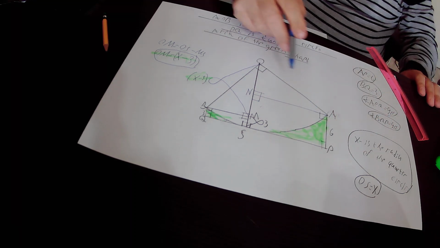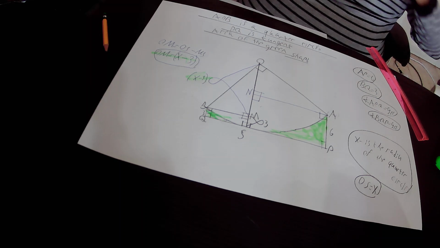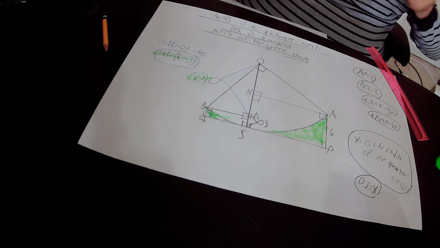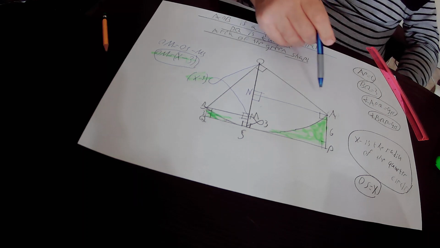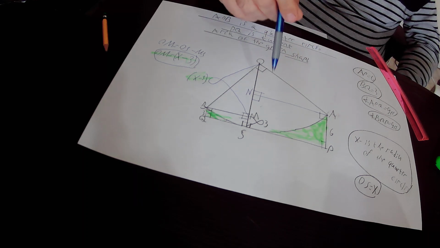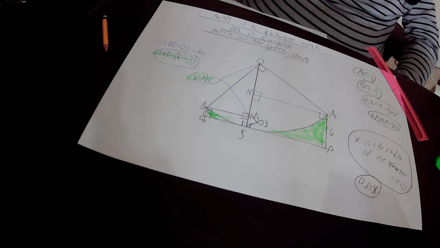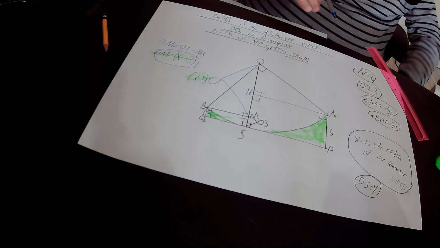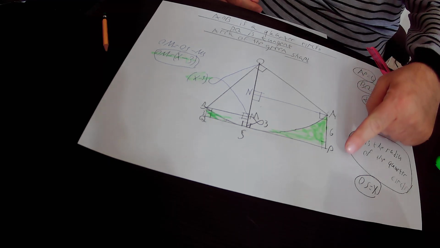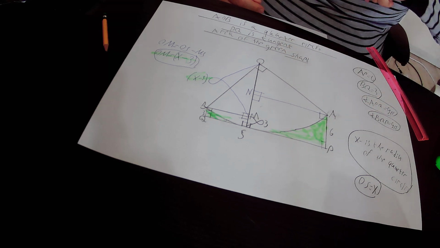So inside quadrilateral ANSP, we have four right angles. Any quadrilateral that has four right angles must be at least a rectangle, if not a square. So we refer to this quadrilateral ANSP with four right angles as a rectangle. We also know that the opposite sides of a rectangle are equal to each other. That is to say, side AP equals side NS in rectangle ANSP.